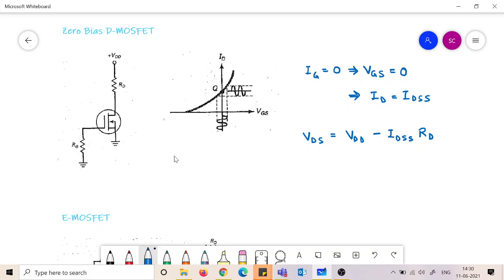We already have studied the self bias JFET. In the same way we can analyze the self bias D-MOSFET also. So we have to keep in mind that the D-MOSFET is nothing different from the JFET, only it has an additional enhancement mode. That is a region where we can have VGS greater than 0.